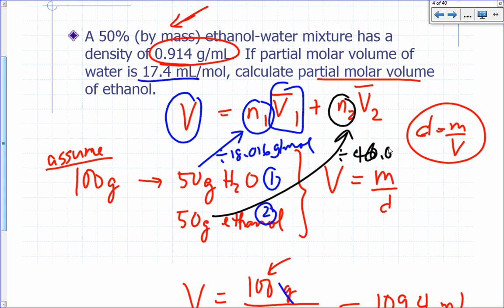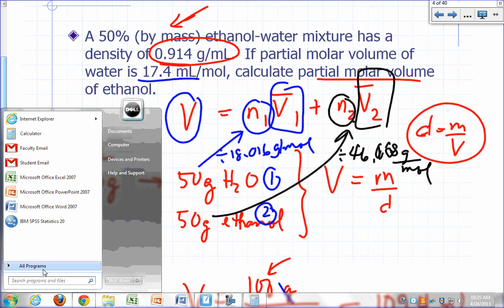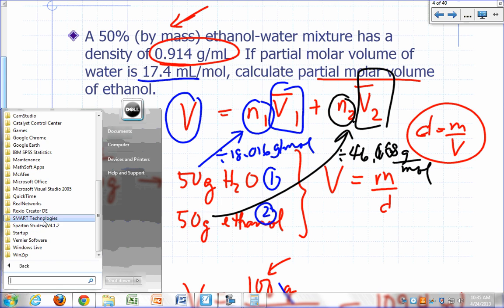So you divide that by 46.068 grams per mole. So we have all the information we need. We just need to solve for V2 bar. Okay, so let's do that. Let me do that quickly on MathCAD for you.